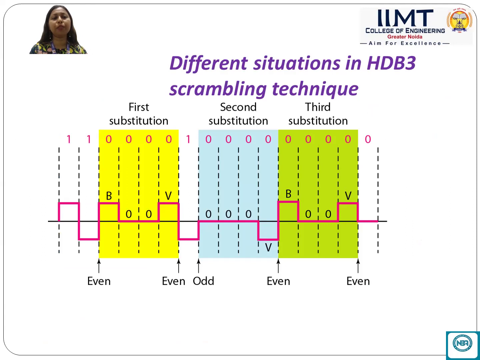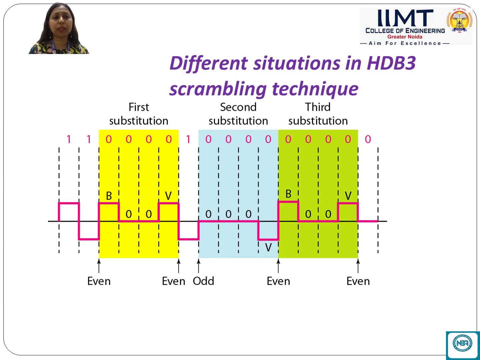As the first two data are 1, that means continuously two data are in even number, and that's why we are using here the scheme bipolar 00 violation. After that, the data is 1, and that is one single data, that is odd number.